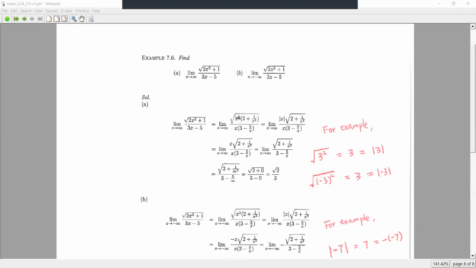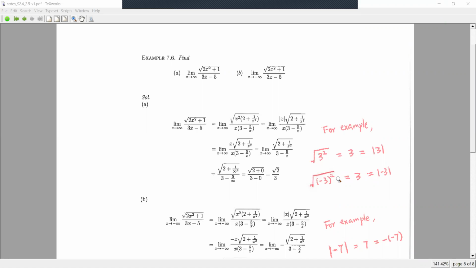Now, I move x squared outside the square root. Please note that when we move x squared outside a square root, remember to add an absolute value on x to make sure this is positive. For example, when we take the square of positive 3, then take the square root, from a calculator, the answer is positive 3.